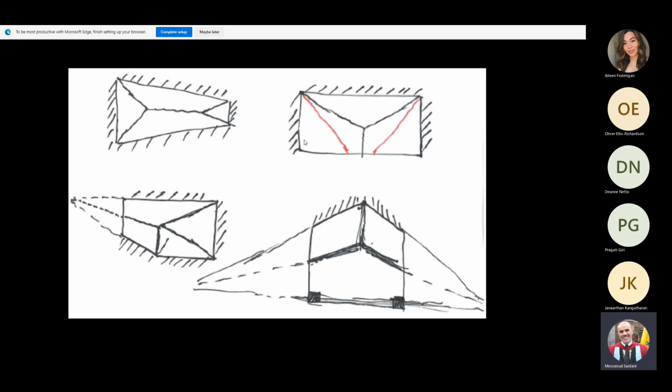And this one is interesting here, this top right. You've got a slab which is supported on three edges and free on one edge. You have two possibilities. You have either the yield line pattern in dark color, or the yield line pattern in red. It all depends on the relative ratio of this length to this length here.